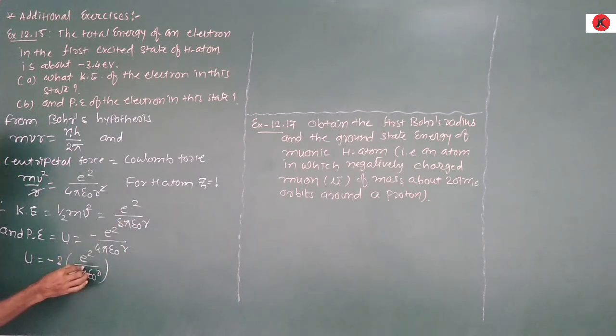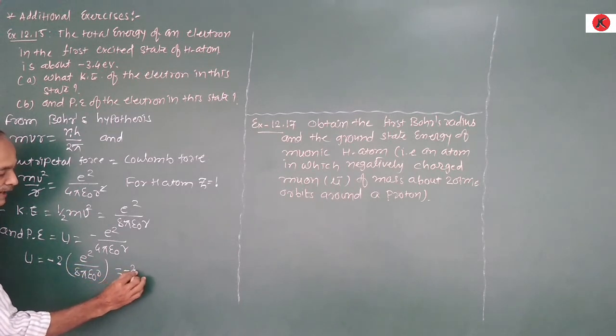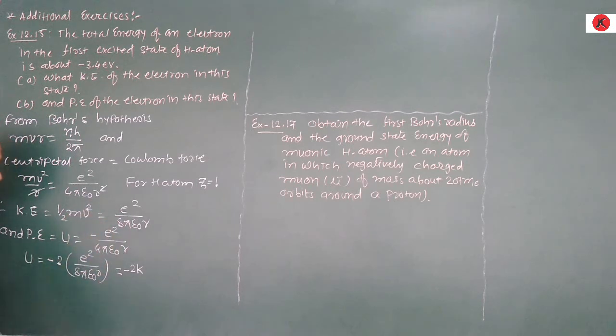From the earlier equation, that is the kinetic energy. Therefore, potential energy is minus 2 times the kinetic energy.